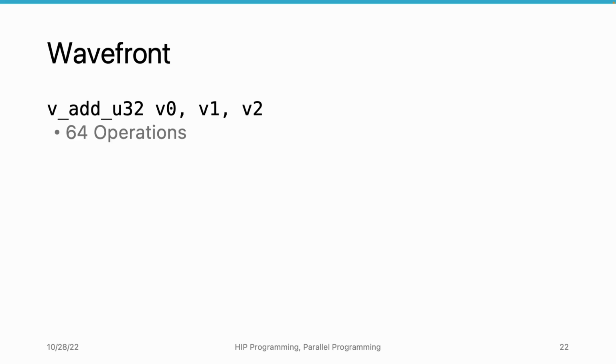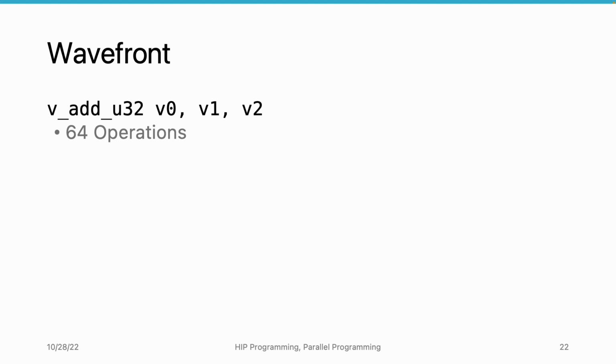Why the wavefront concept is important is that every instruction in the assembly language is in the unit of a wavefront. For example, we have this instruction v_add_u32. It adds two numbers in the unsigned 32 format. We're basically adding V1 and V2 and storing the result into V0. This is one instruction, but it's actually 64 operations.